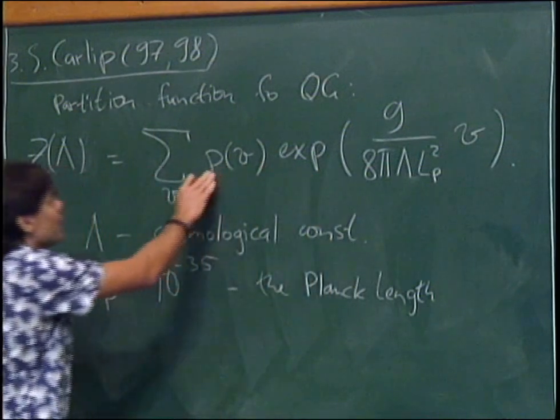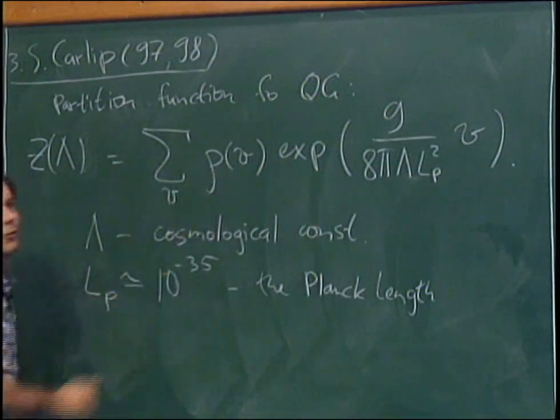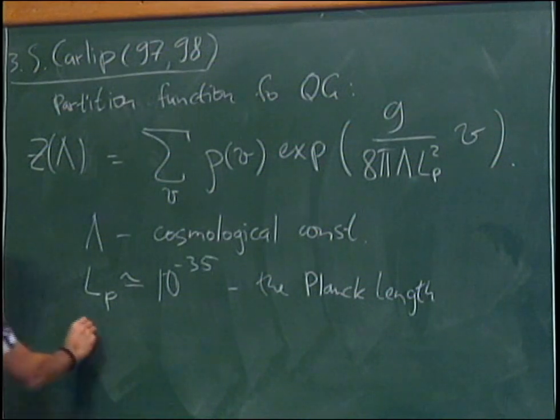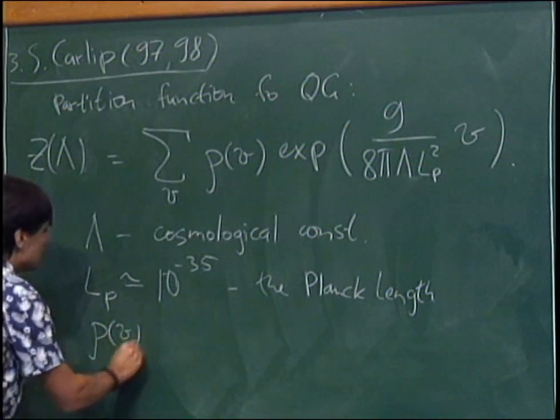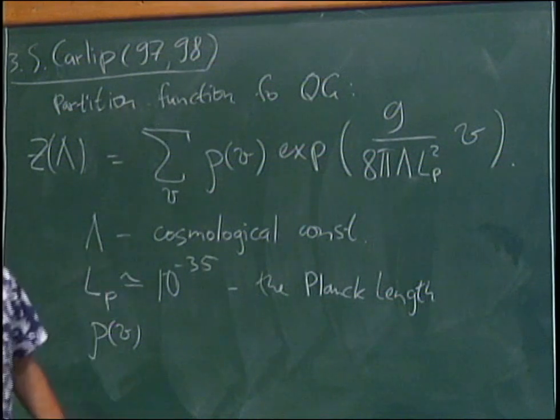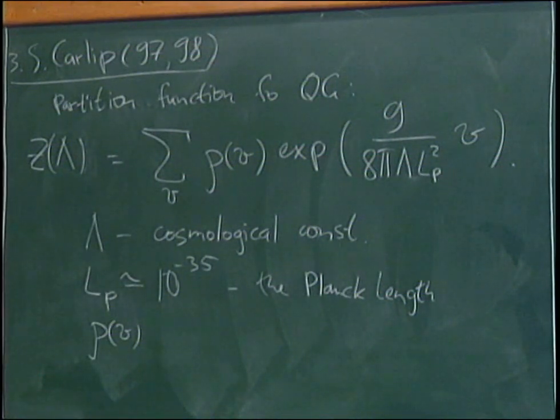And this function, rho, which he is summing, is what he calls the density of topologies. So it's the number of Einstein manifolds, four-dimensional Einstein manifolds, of volume bounded by V. The same counting function, in a sense. Well, similar.